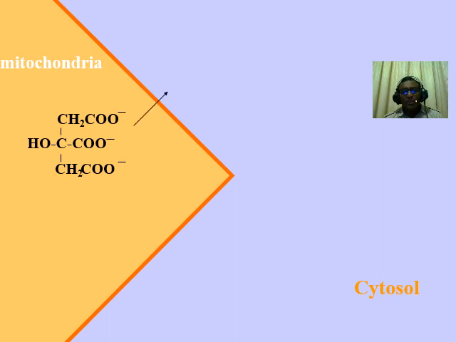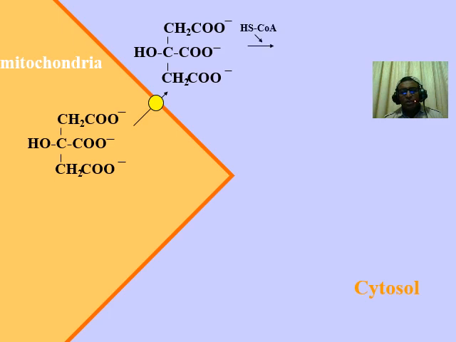Citrate can then escape from mitochondria into the cytoplasm, and once in the cytoplasm, it can be reconverted back to acetyl coenzyme A. So now the acetyl coenzyme A is found in the cytoplasm.